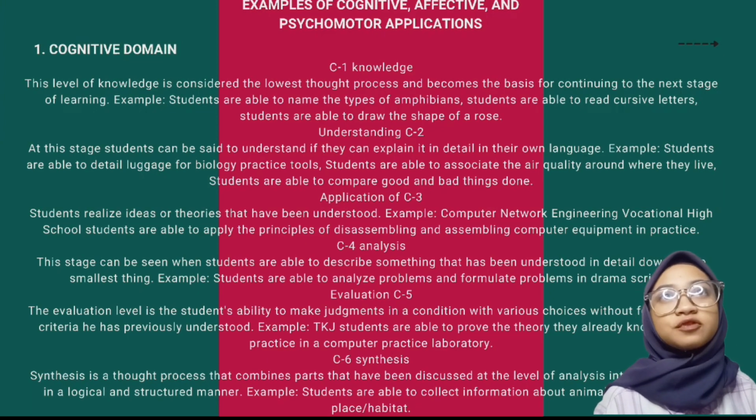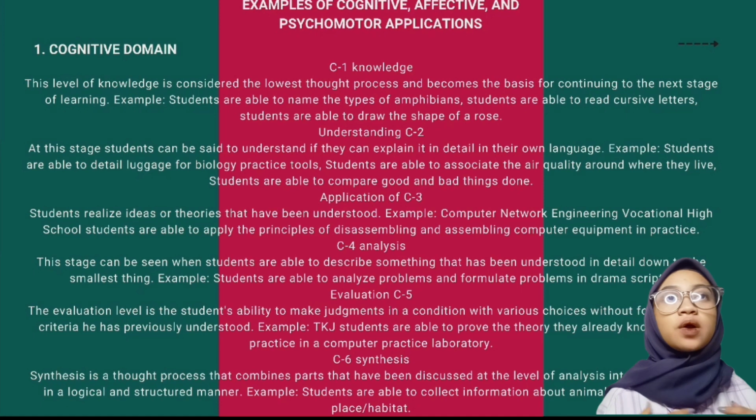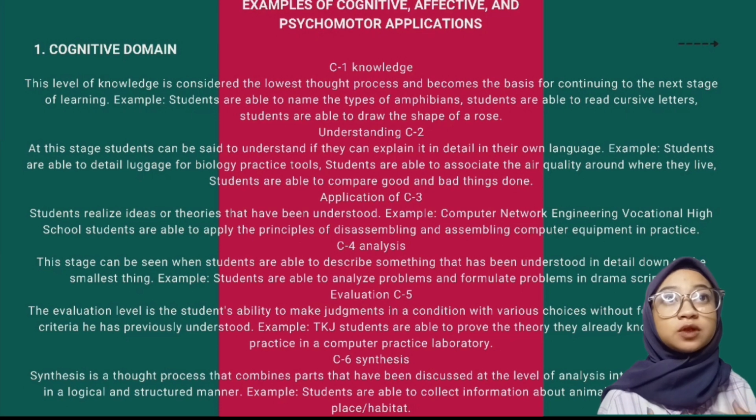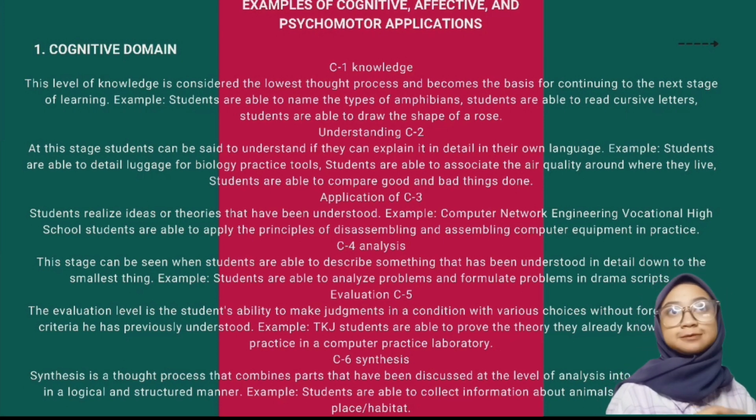This level of knowledge is considered the lowest process and becomes the basis for continuing to the next stage of learning. Example, students are able to name the types of amphibians, read cursive letters, and draw the shape of a rose.